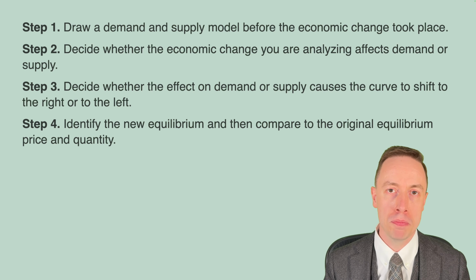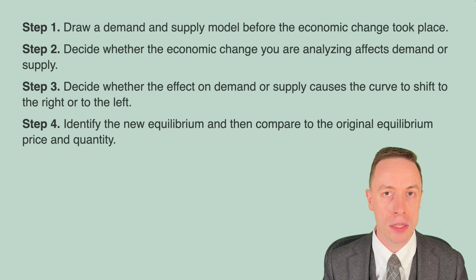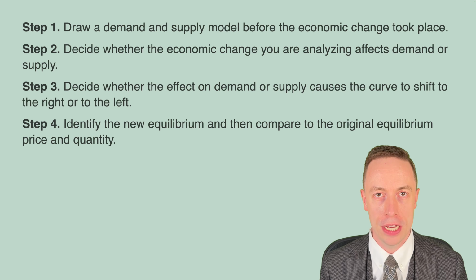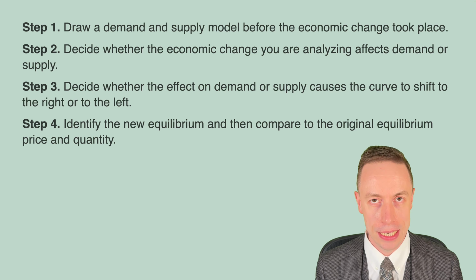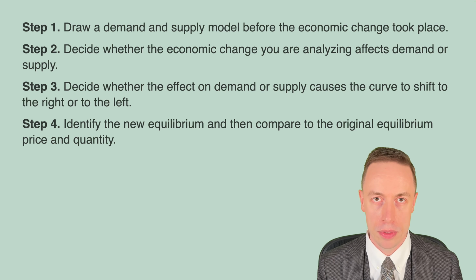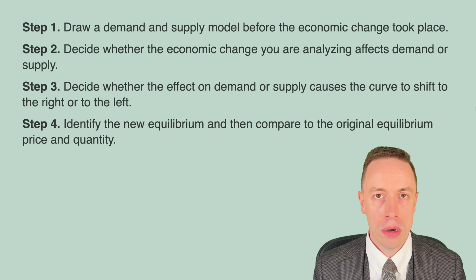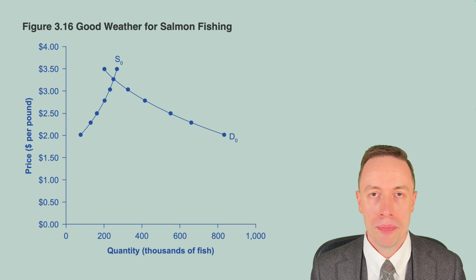And that means both price and quantity have changed. So we'll want to compare that to the step 1 prices and quantities and see what sort of increases and decreases we are predicting. Let's start out with an example of salmon fishing.